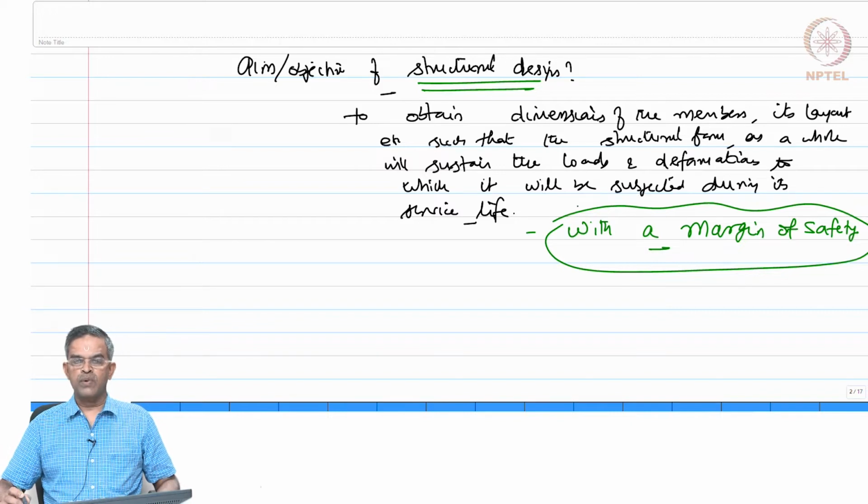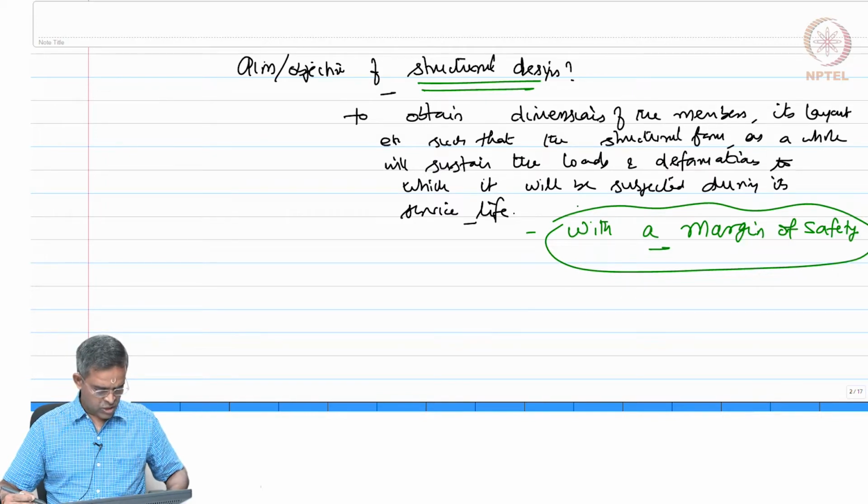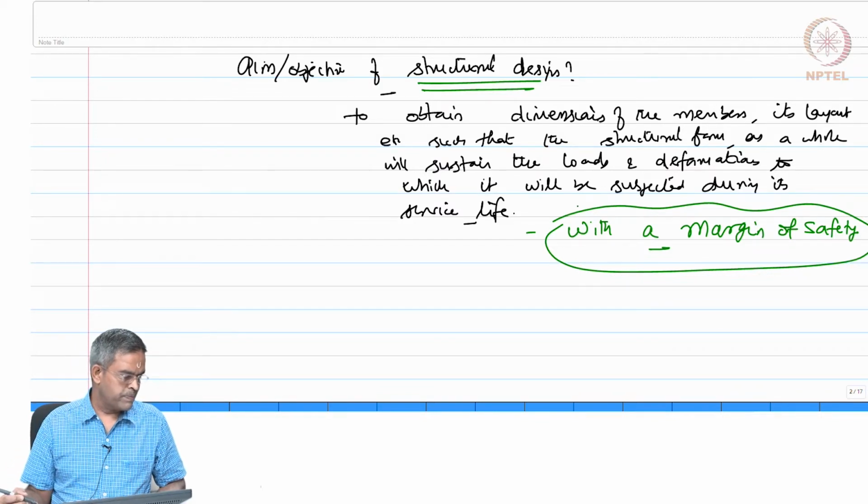Now, one may ask me a question, what does the safety account for? Does it take care of the human errors made in the structural design, or does it account for something else beyond the limitations and control of the structural designer? We will answer this question shortly.